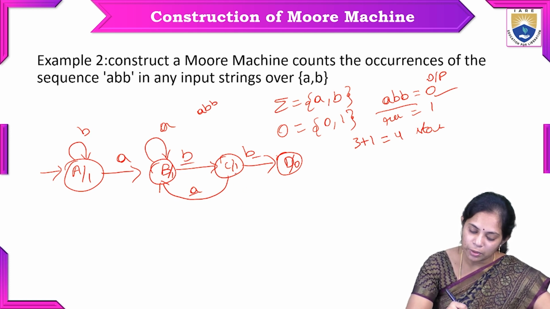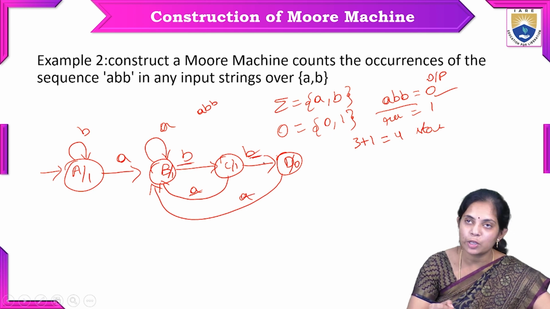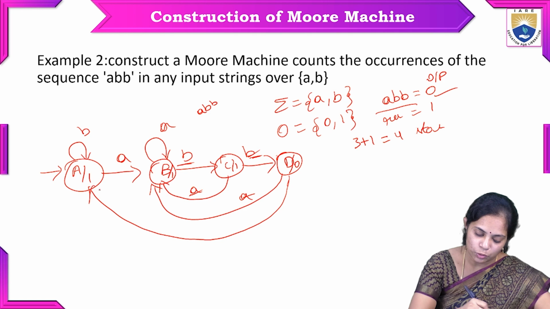And here A is input there and B input there. And from the D state, if you give A as an input, it has to again go to B state. Why? Because the repetition of A, B, B is possible. And if you give B as an input symbol, it has to go to A state. Why?